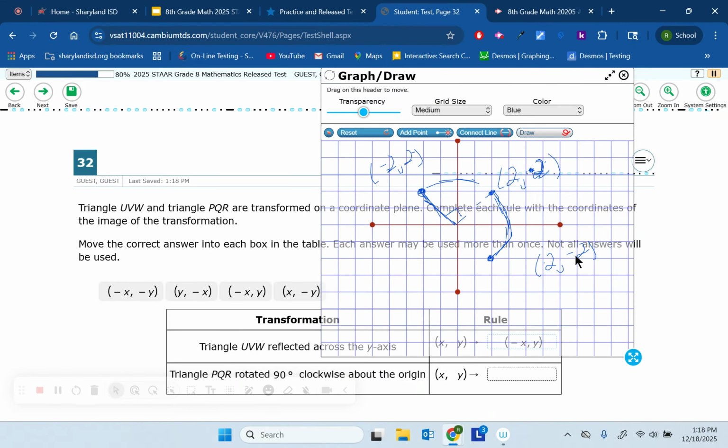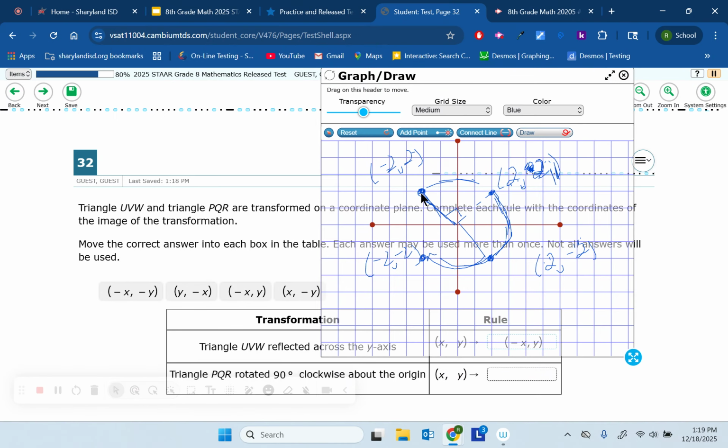This one is (2, -2). Okay, so what am I noticing here? (2, 2). These guys flipped, but these guys didn't flip. Let's do it one more time over here. Now we rotate over. So I got (-2, -2), and that's going to be a 2 to -2, a -2 to 2.